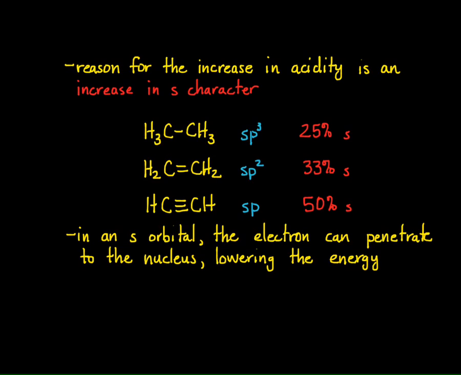The electronegativity of the carbon depends on the hybridization. The more p character, the less electronegative. The more s character, the more electronegative, because it can hold those electrons in tighter. The more electronegative the carbon becomes, the more acidic the hydrogen becomes and the easier it is to remove that hydrogen. That's a very important concept to understand.